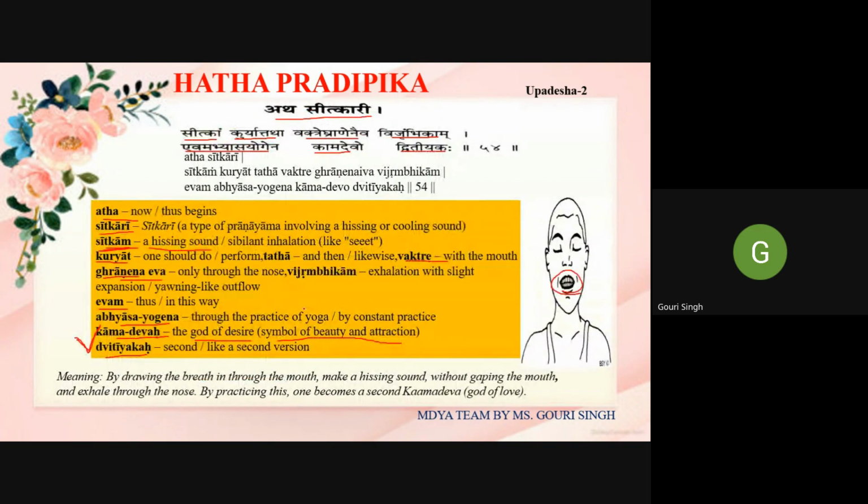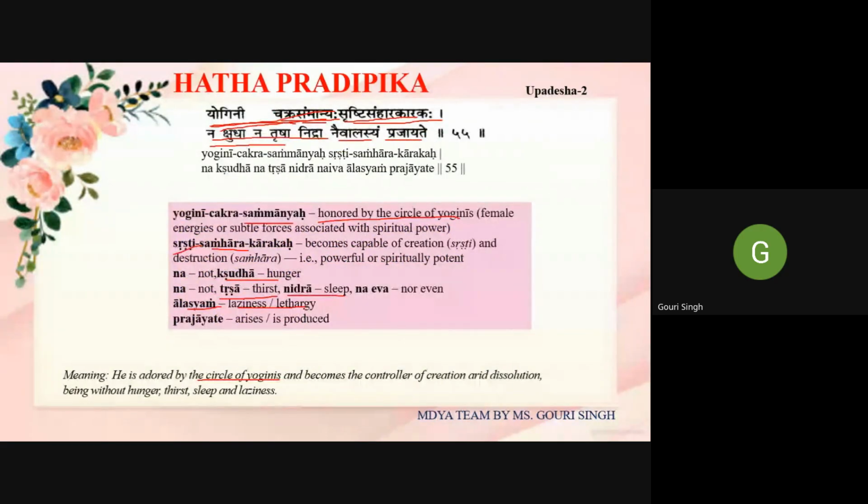All of you understood? First, he is telling what the method is and what the benefit is. That sadhak who is practicing Sitkari becomes converted into Kamdev, meaning that person has that much beauty and attraction that he can attract all the women by his beauty, and he becomes capable of creation as well as destruction.